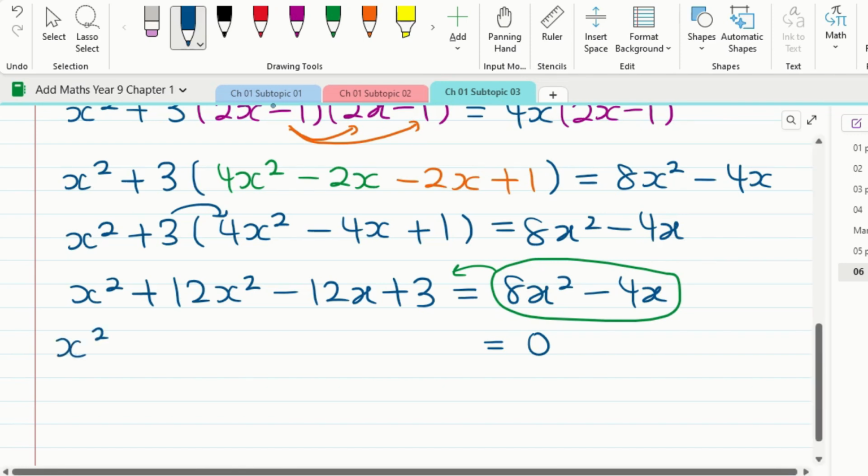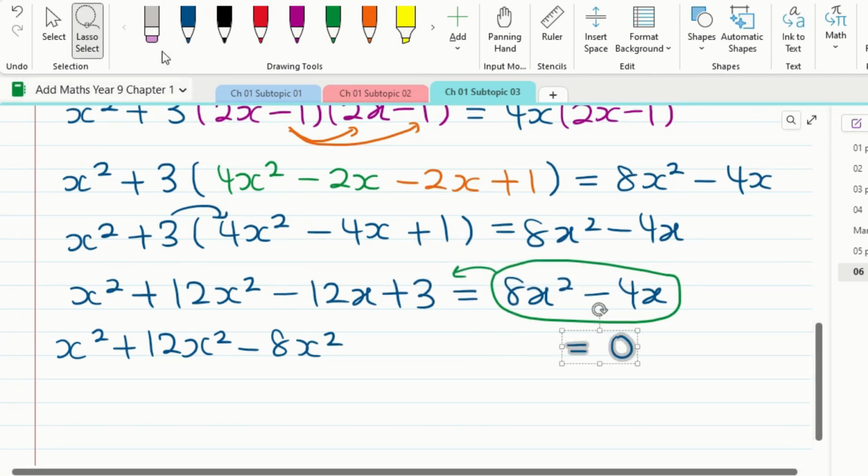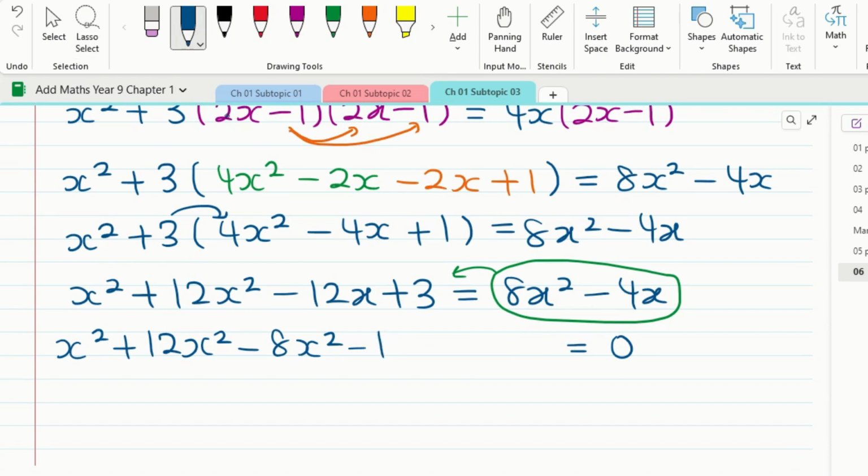For x squared, you have the like terms, 12x squared, and the 8x squared from the right hand side is going to be minus 8x squared. And for the like terms of x, it's going to be minus 12x from the left hand side, and incoming negative 4x becomes plus 4x. And the constant term is a plus 3 equals to 0.